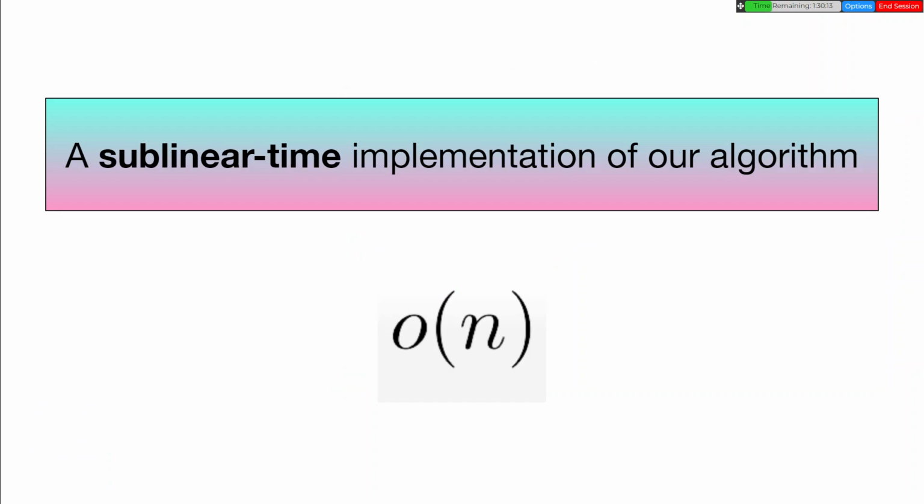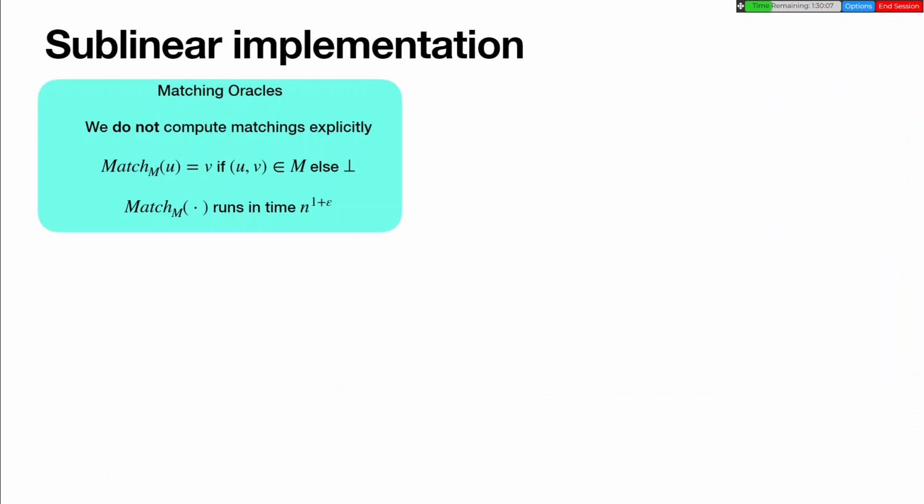So how do we implement this algorithm in sublinear time? Well, first of all, as we said, we do not return the whole matching. So a key idea to this purpose is to define what a matching oracle is. Instead of returning a matching, we return a data structure, match M, that given a vertex U, returns V if UV belongs to the matching, and otherwise returns error if U is left unmatched.